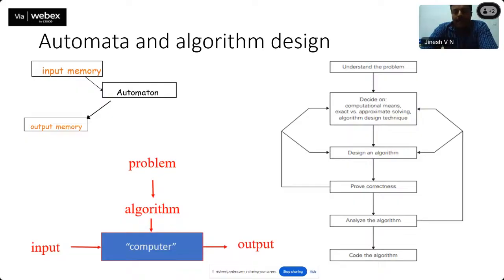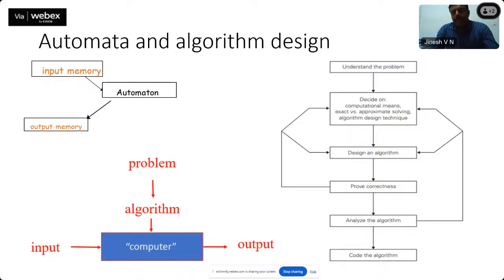Then we will understand what kind of computational power or what kind of computation system we have, and we will make a step-by-step procedure to get the task done, whatever the task we need to achieve through the system. So we should understand the limitations of the system, understand the problem, and how to solve the problem using the limited resources of the system. Then we are going to design the step-by-step process, that is the algorithm.